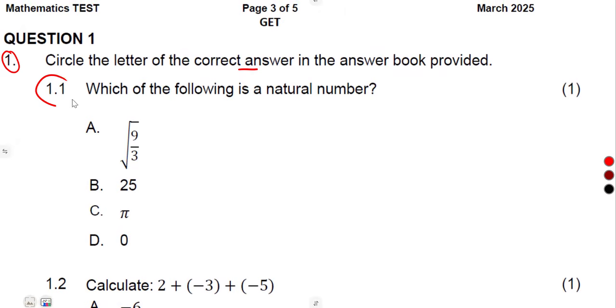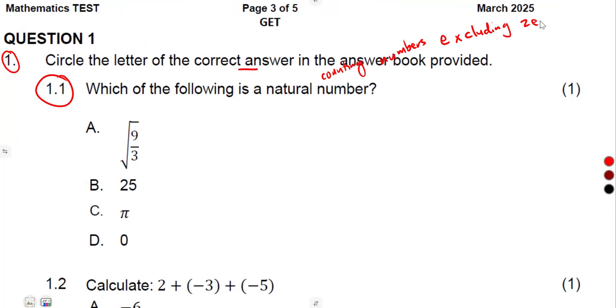All right, 1.1. Which of the following is a natural number? A natural number, we are referring to counting numbers. But on these counting numbers, we are going to exclude zero.